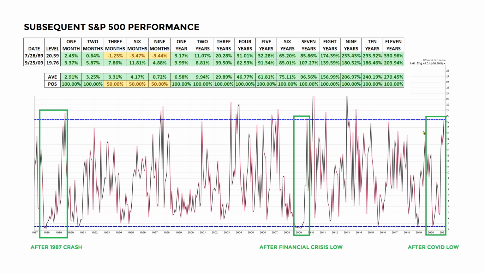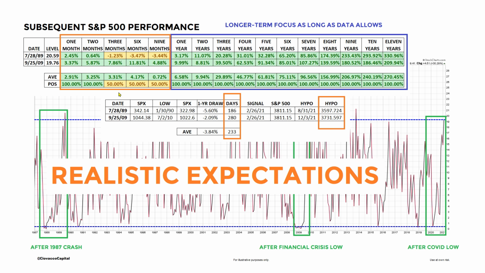Longer-term S&P 500 performance was satisfying, yet a little bit erratic in here. Average gain 3 years out, 30%, 4 years out, over 45%, 5 years out, over 60%. The left side of the table helps us with maintaining a topic we cover every single week in these videos, maintaining realistic expectations about how markets operate in the real world.